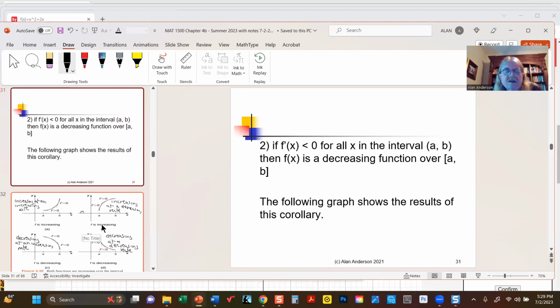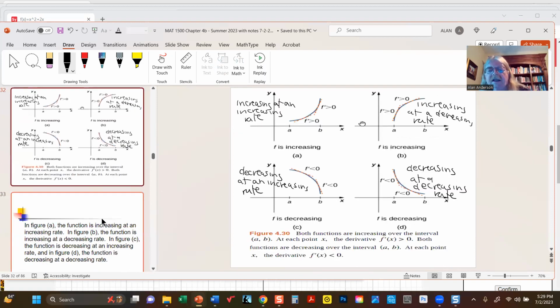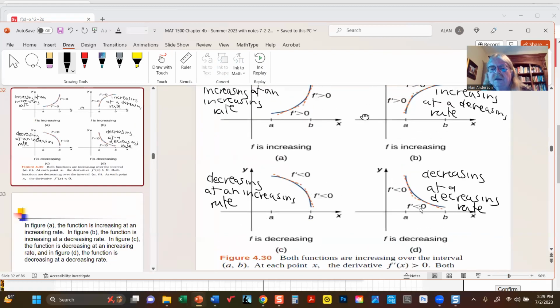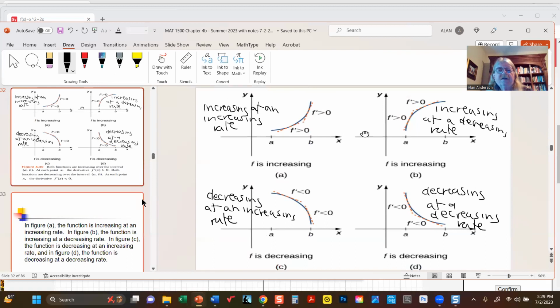So we're going to have an interesting graph here. It's going to show us 4 cases that we need to know. Upper left-hand corner, the function is increasing at an increasing rate, meaning that the derivative is positive throughout, but increasing. In other words, this is the tangent here, this is the tangent here.